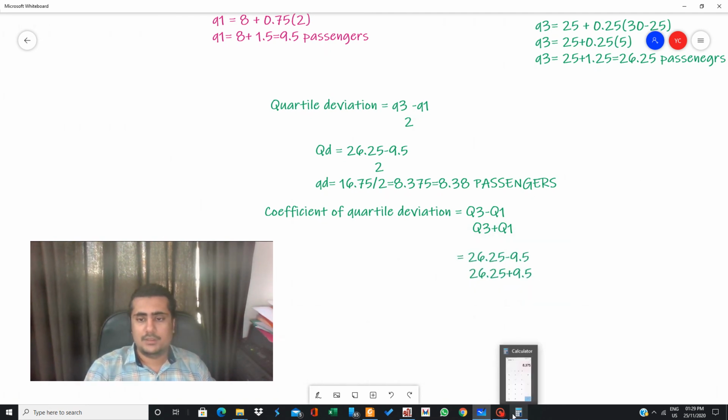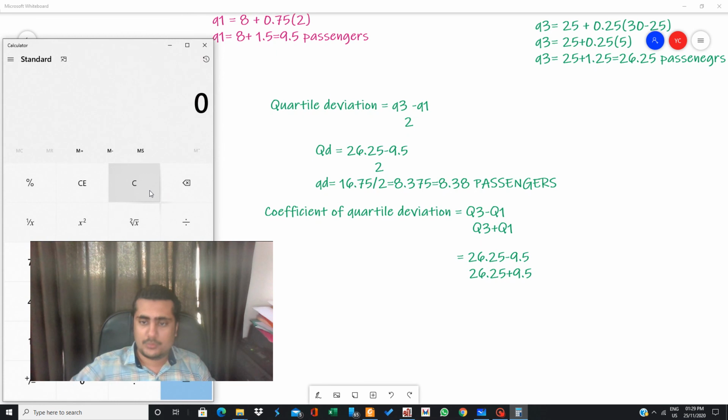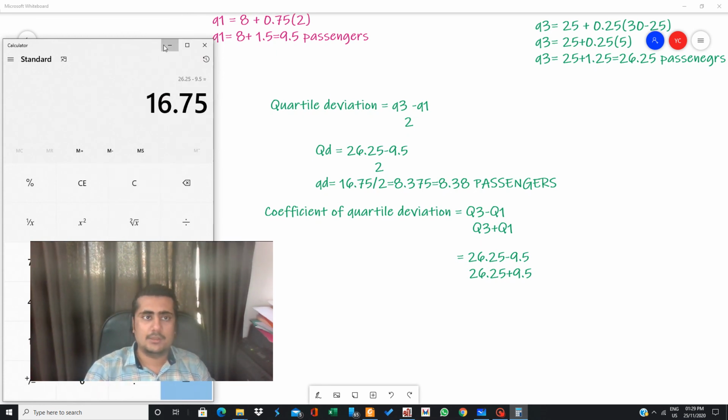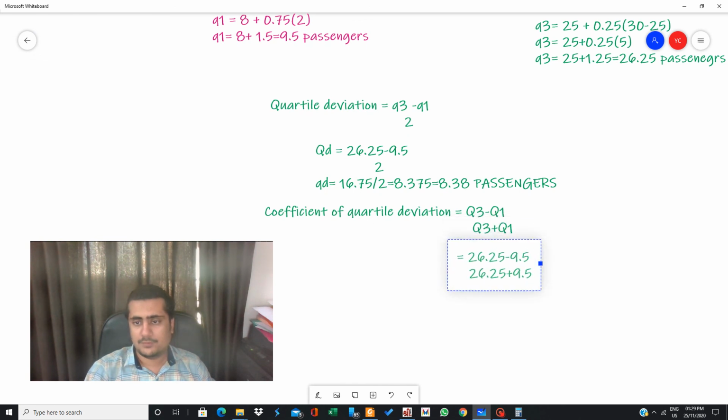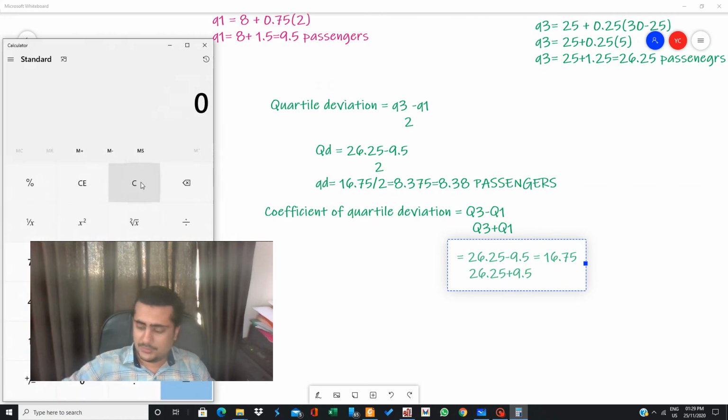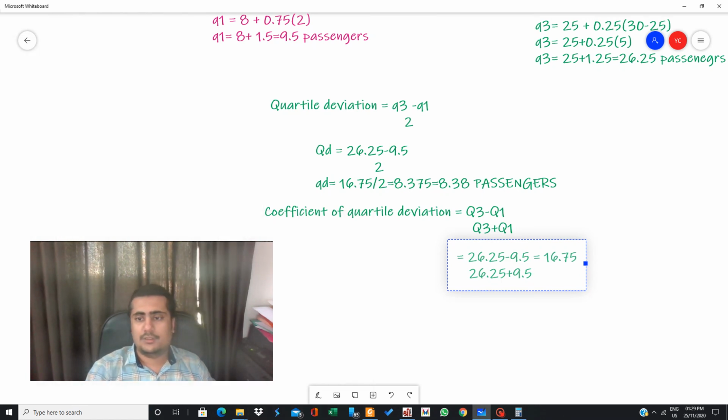If I calculate this, 26.25 minus 9.5, I'll get 16.75. So this is 16.75 upon, if I add 26.25 plus 9.5, 35.75.